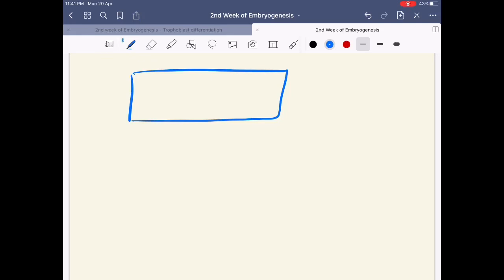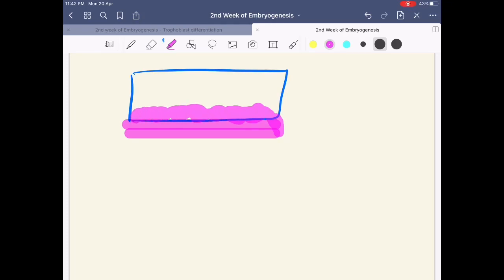Syncytiotrophoblastic cells, which are gradually going to invade into the stroma, or now we can call it decidua. So it's gradually invading into this decidua like this. This is your syncytiotrophoblast. Clear? And this is your cytotrophoblast. Clear?